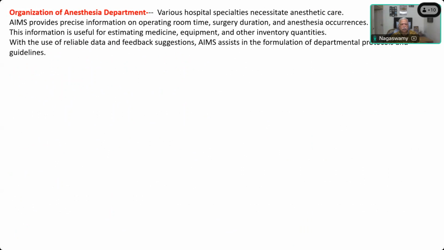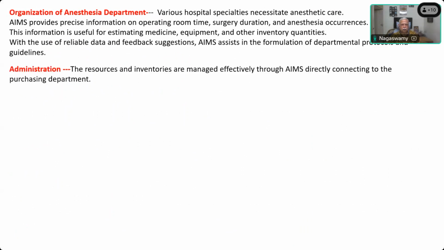With reliable data and feedback, it can give a formulation of how many staff members and how many monitors you require. All these things can be done by seeing how many cases have been done in the previous 6 months or 9 months, and accordingly you can plan the organization of the anesthesia department.